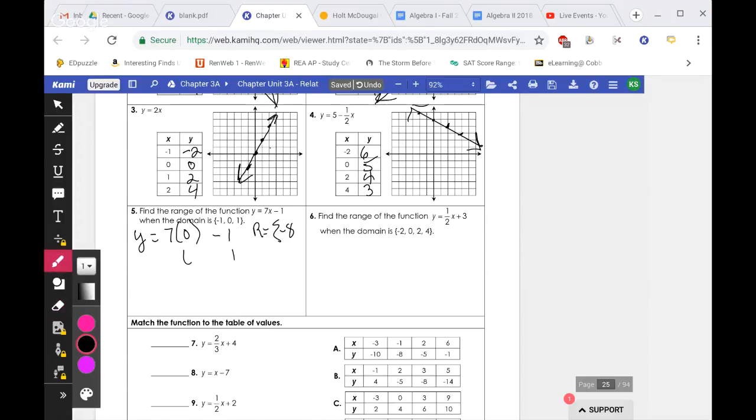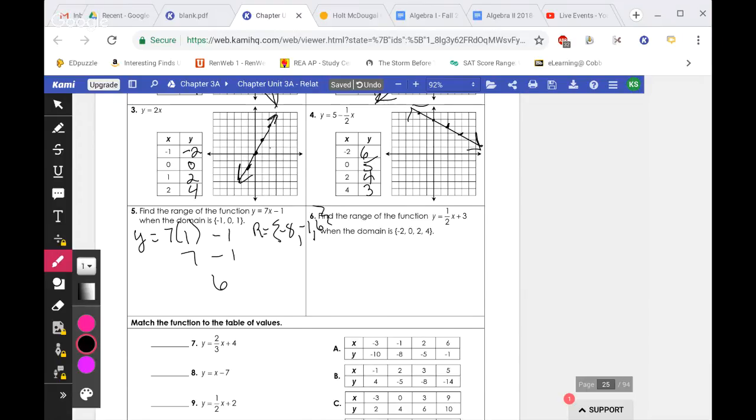And I'm going to plug in 0. That's going to be 0 minus 1. And that's minus 1. And then we're going to plug in 1. That's going to be 7 minus 1. That's 6.